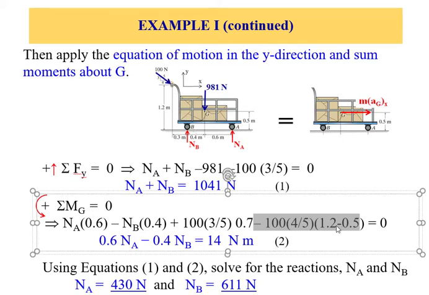So overall, you get 1.2 minus 0.5, 0.7, and this gives you the second equation.